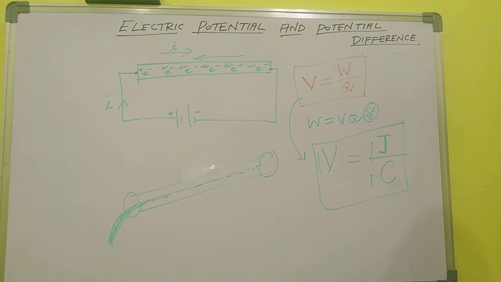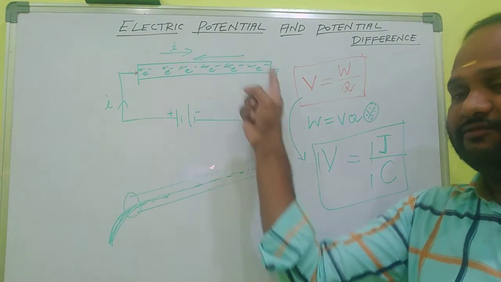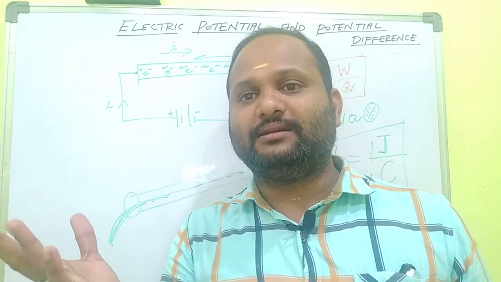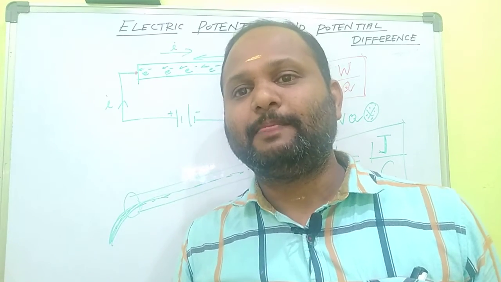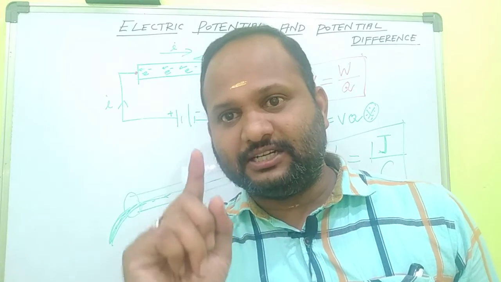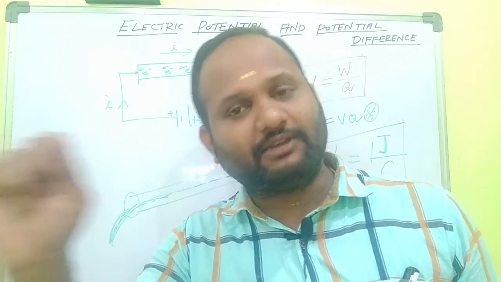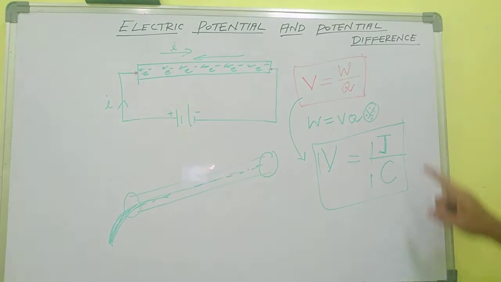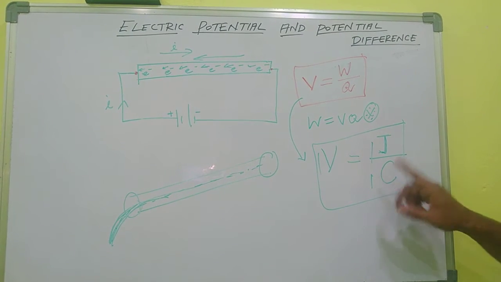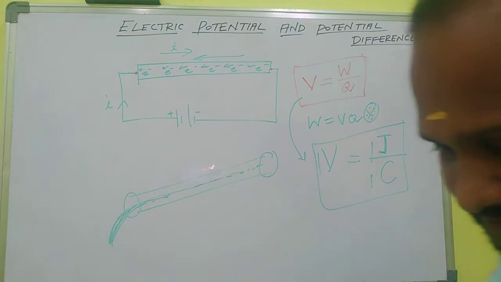That means, define 1 volt. 1 volt is the potential difference between 2 points in a metallic wire when 1 joule of work is done to move 1 coulomb of charge from one point to another point.